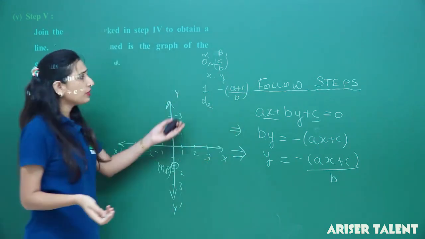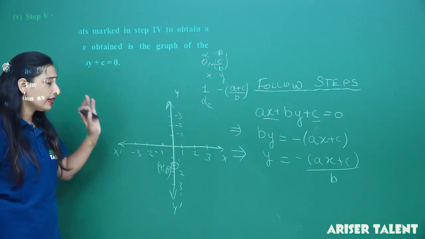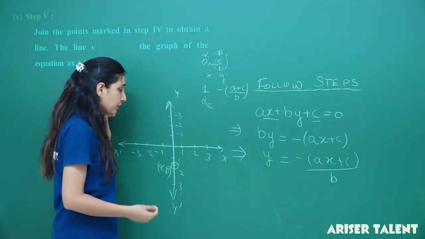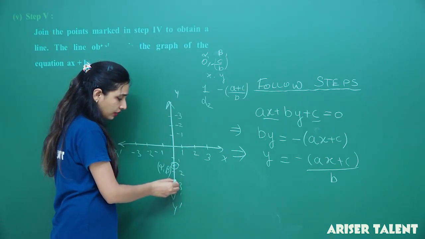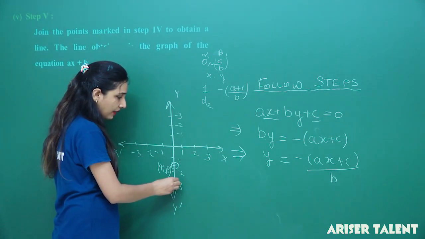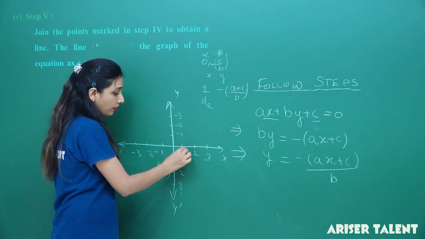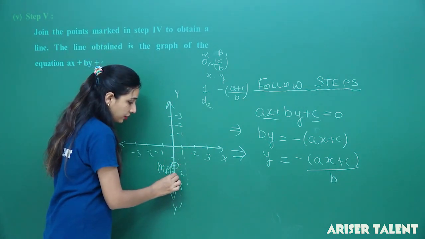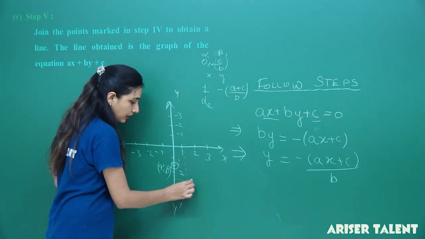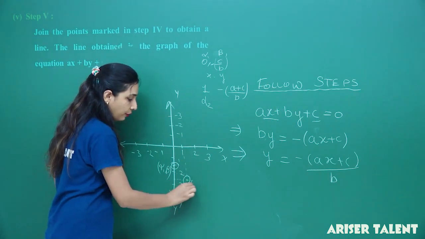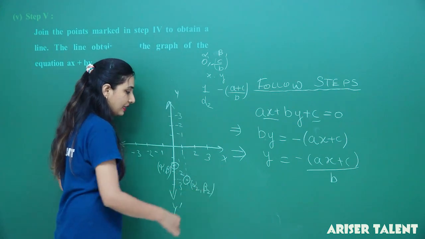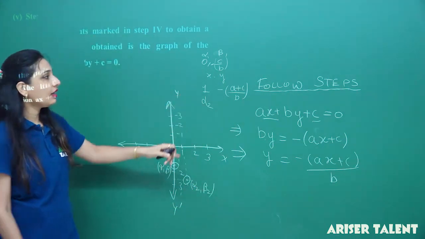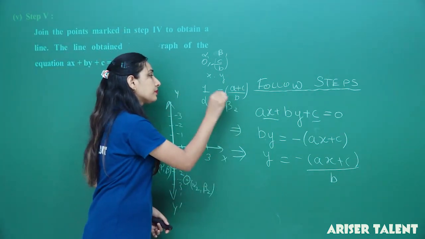And now just put some values of a, b, c as per that of the equation. So I have some value which is greater than 2 and less than 3. So I'll have this value. Now 1 and 2 here. So that will be the point. That point will be alpha 2 and beta 2, because I am getting that point by the values of alpha 2 and beta 2.